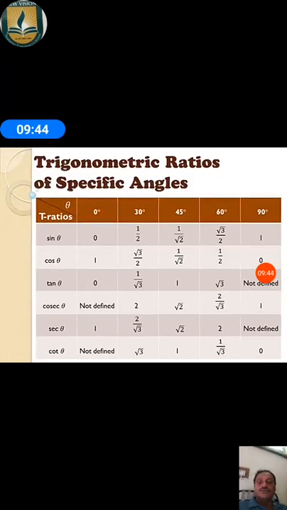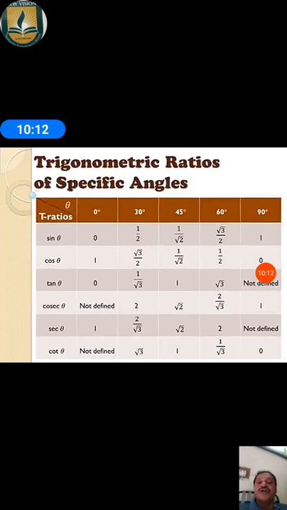Now we have trigonometric ratios of some specified and standard angles, listed under the column theta. The trigonometric ratios are sine theta, cos theta, tan theta, cosecant theta, secant theta, cot theta. These six trigonometric ratios for different angles: 0 degrees, 30 degrees, 45 degrees, 60 degrees, and 90 degrees.